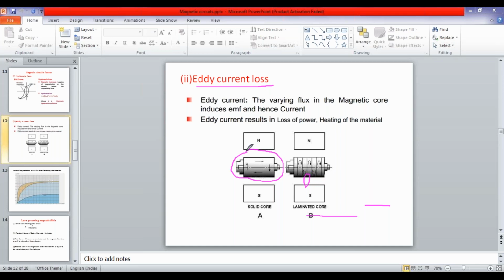So currents magnetically induced in the core of a material are called eddy currents. The loss taking place because of these eddy currents is called the eddy current loss.